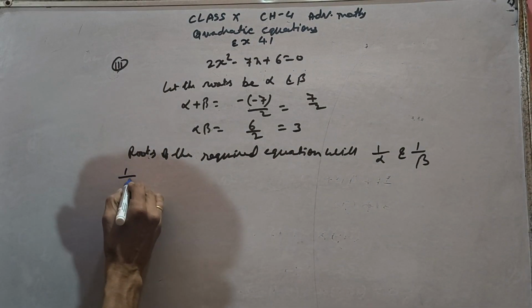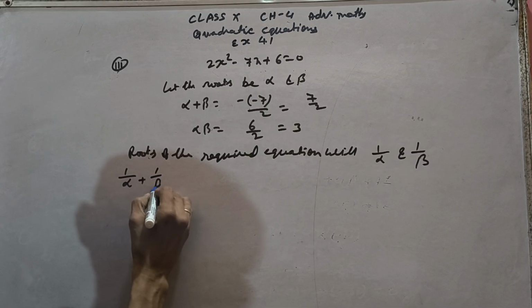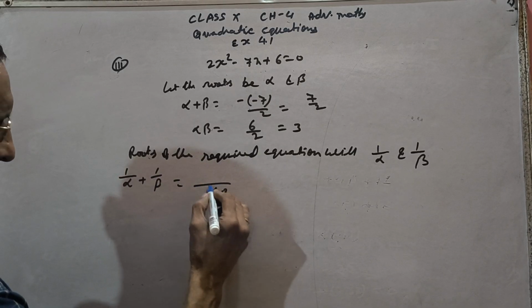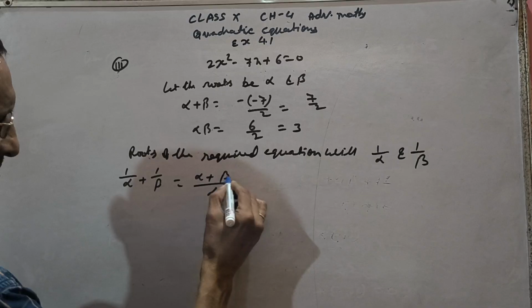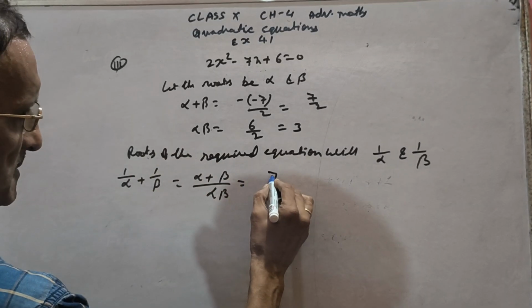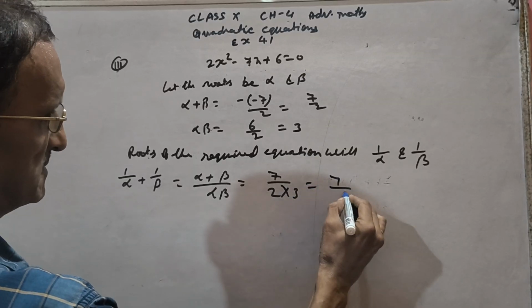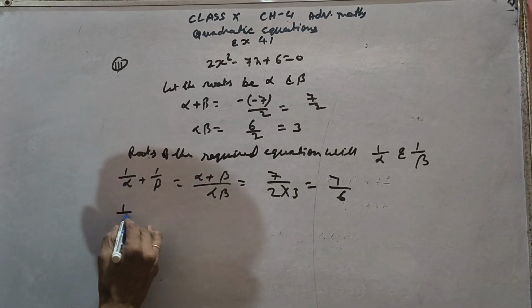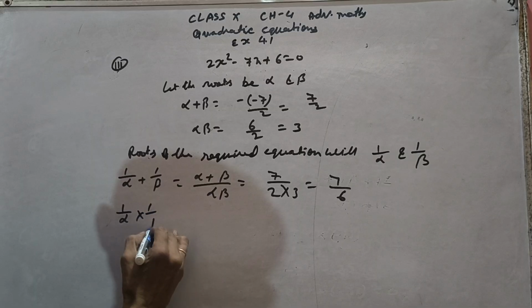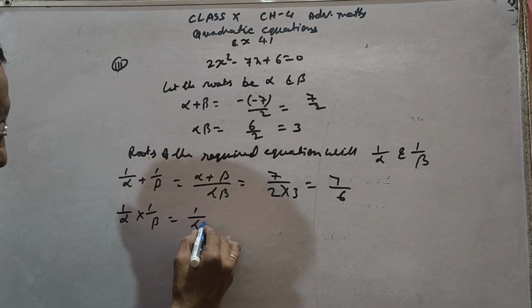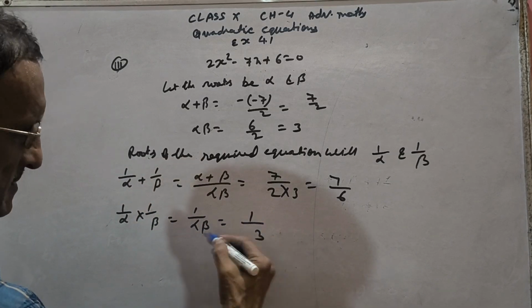Then find the sum of roots, 1 by alpha plus 1 by beta. What is the LCM? Alpha beta. Alpha plus beta, put the value 7 by 2 and 3, we get 7 by 6. Find the product of roots, 1 by alpha into 1 by beta, so 1 by alpha beta equal to 1 by 3.